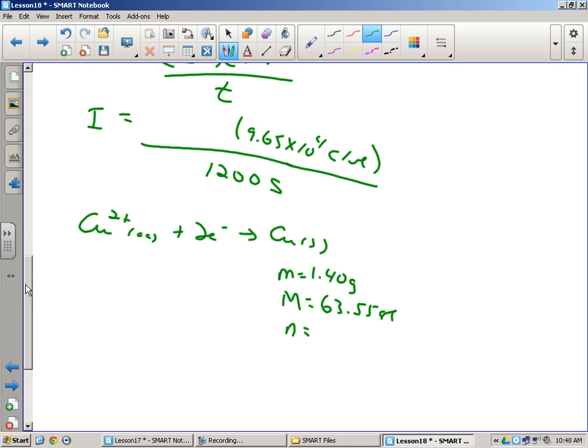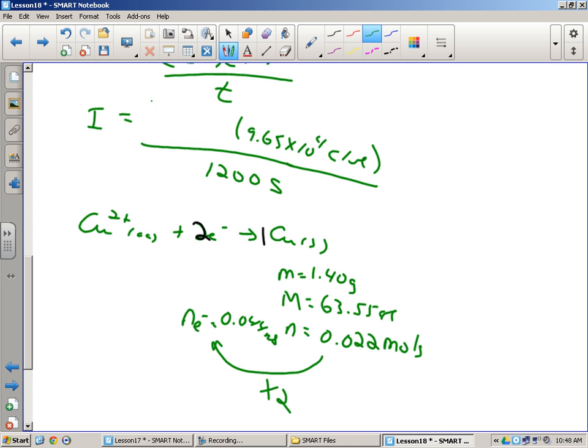And I can figure out the amount of copper produced, which works out to be about 0.022 moles, roughly. I'm going to move that over to my N here to figure out the amount of electrons. And once again, don't forget that's a 1 to 2 ratio, so I'm going to multiply this by 2 and then use that in my formula. So that works out to be about 0.044 moles, roughly.